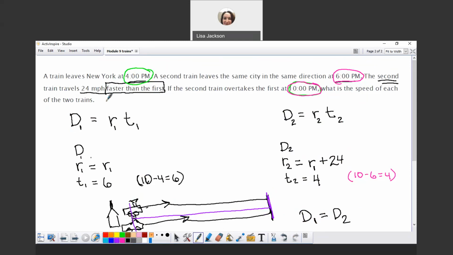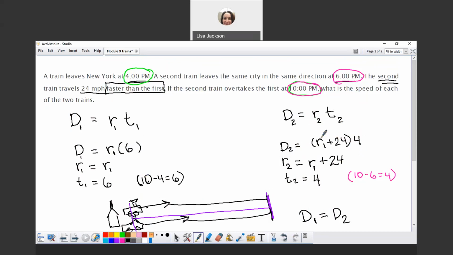Well, we have distance equals rate times time. So the distance of our first train is the rate of our first train times the time of our first train. The distance of our second train is the rate of our second train, which is this weird one, R1 plus 24, times the time of our second train.